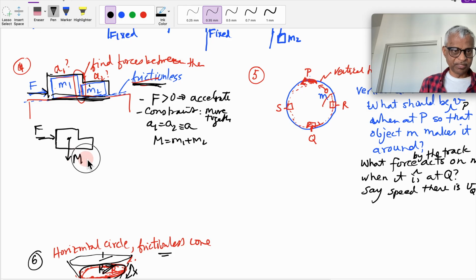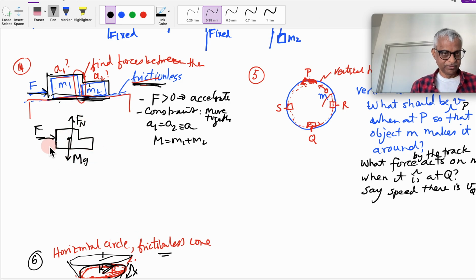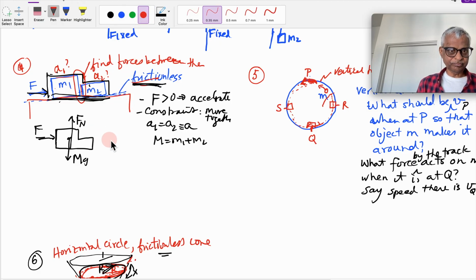So this will be capital Mg, and from the table we'll have a normal force on the whole thing. So for this system, you can choose x-axis this way, y-axis this way. So the y-axis is balanced, and acceleration is all along the x-axis.